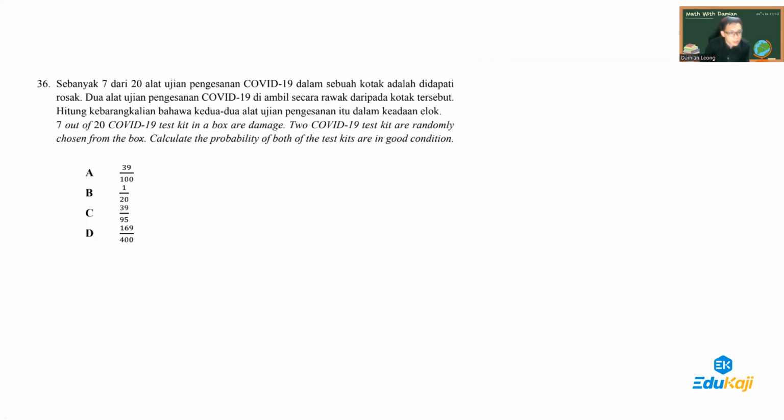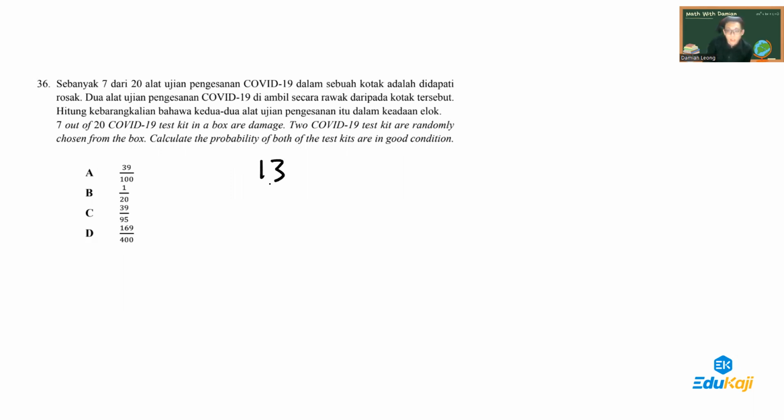Question 36. 7 out of 20 COVID-19 test kits in a box are damaged. 2 COVID-19 test kits are randomly chosen from a box. Calculate the probability that both of the test kits are in good condition. So 7 out of 20 are damaged, so not damaged would be 13.